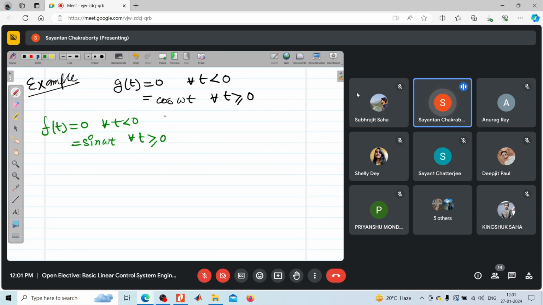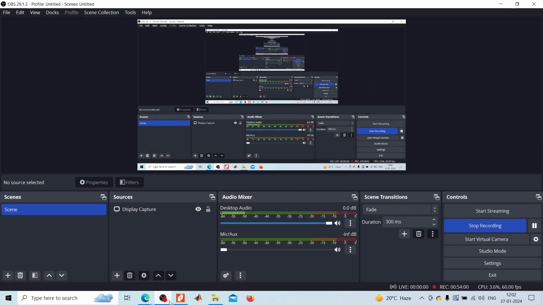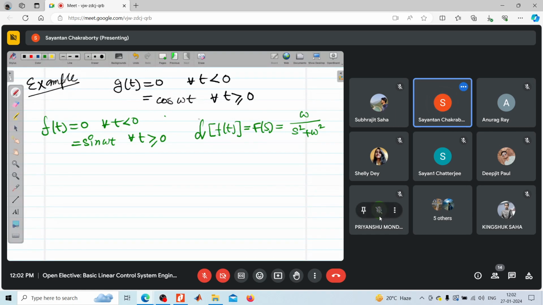So from this definition, you can write down the Laplace transform of f(t), F(s), is equal to ω over (s² plus ω²). Now we can obtain the Laplace transform of the cosine function as the Laplace transform of d/dt of f(t) divided by ω.